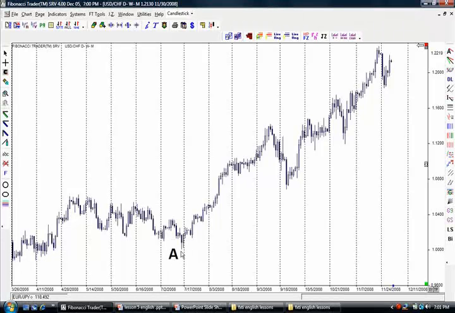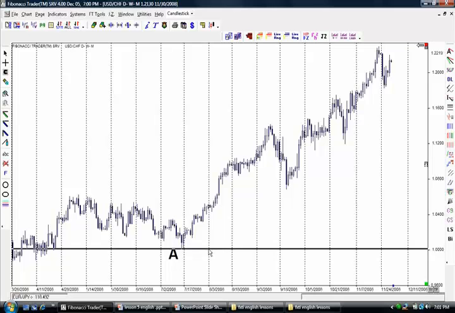And look here, this is where the market started to rally. This was the A point. Okay, so I would draw a line right here. And look at the market. It started rallying to this B point.